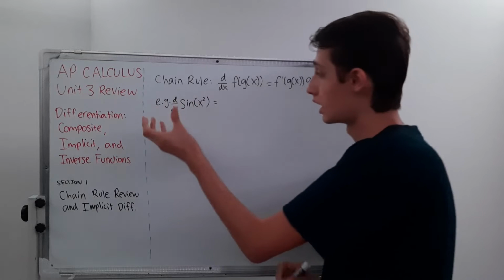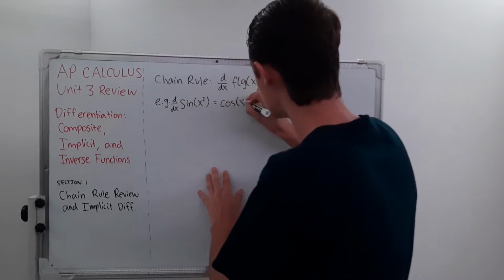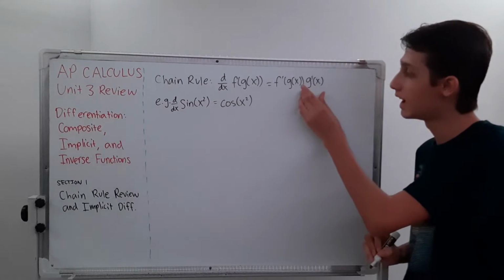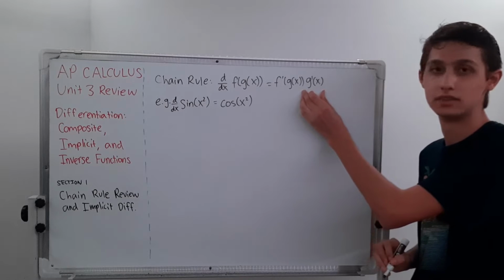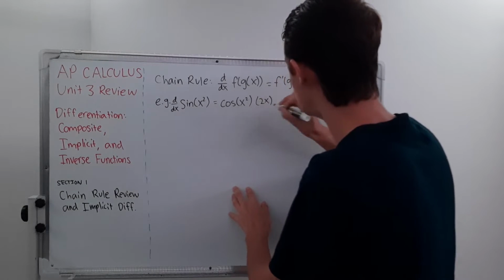The derivative of sine is cosine. Then you just keep x squared, copy and paste it, and then you take the derivative of the inside, g prime of x, which would be 2x.